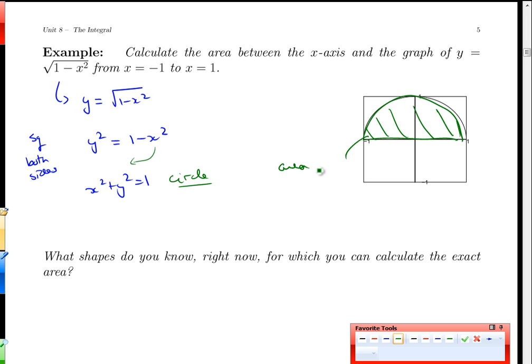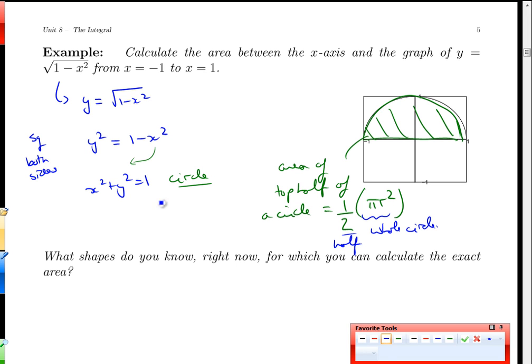And then we know the area. Top half of a circle will be, well, the area of an entire circle is pi r squared, and we just want half of that. So there's our whole circle. And top half.